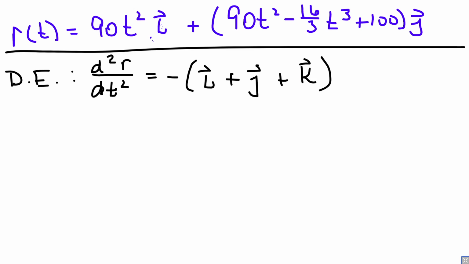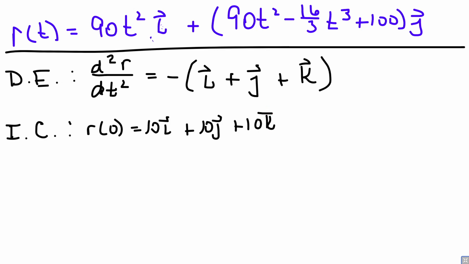We're given initial conditions. It says that r of 0 equals 10 in the i direction plus 10 in the j direction plus 10 in the k direction. And we're told that dr dt evaluated at t equals 0 equals 0.